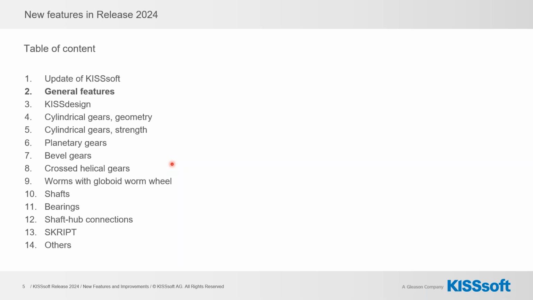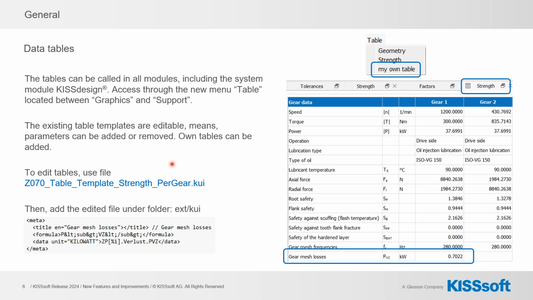Beginning with the new features, I will start with general features. There are sometimes smaller features which are quite nice and quite helpful in the daily work with the KISSsoft software. One of these is the tables.